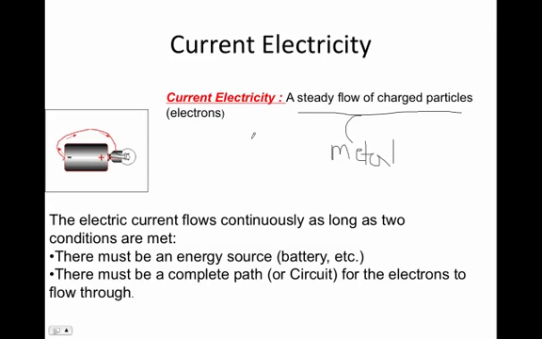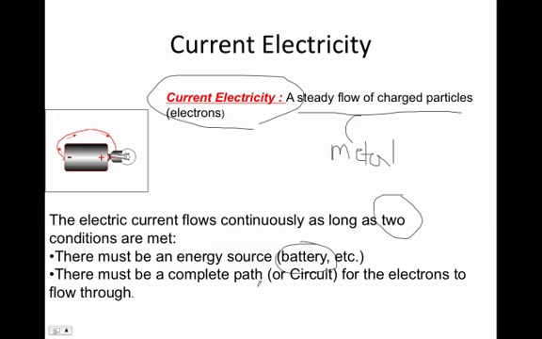For something to create current electricity, we have to have what's called a circuit. And there are two criteria for a circuit to happen which would allow the flow of electrons. You need some sort of energy source, which could be portable power in the form of a battery, or it could be from a generator with direct current or alternating current, which we'll look at later on in the unit.